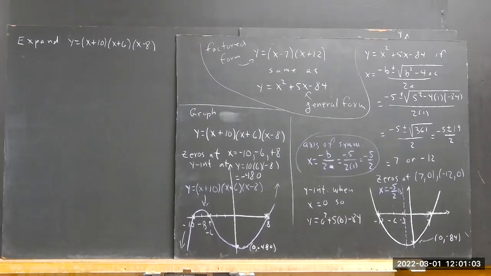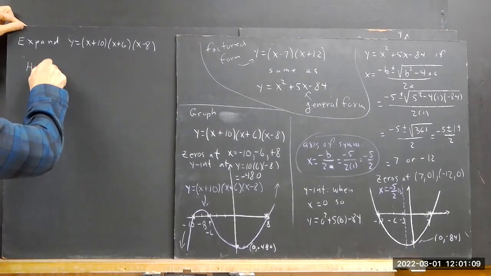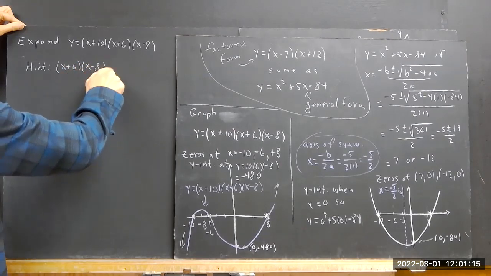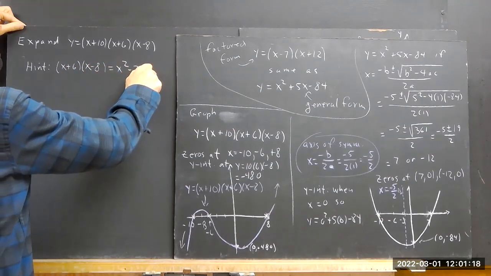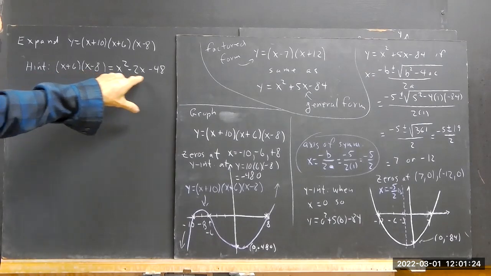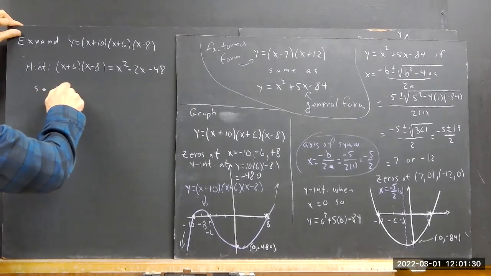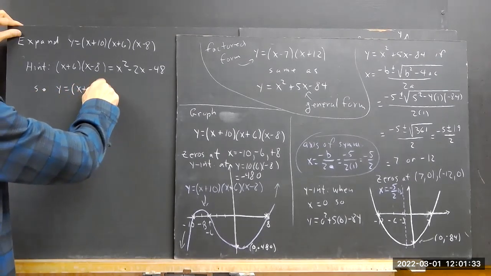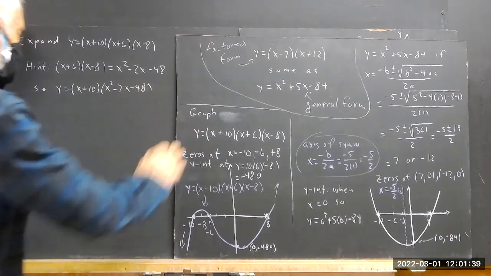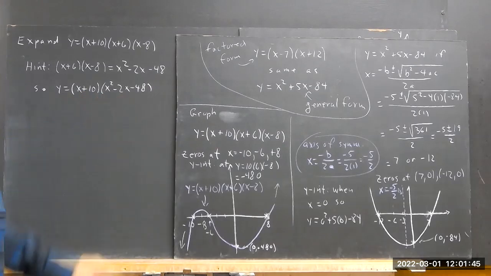Now, if you multiply x plus 6 by x minus 8, you get this, right? Y is x plus 10 times x squared minus 2x minus 48. So I've already done half of it for you, right? But you still got to expand this.